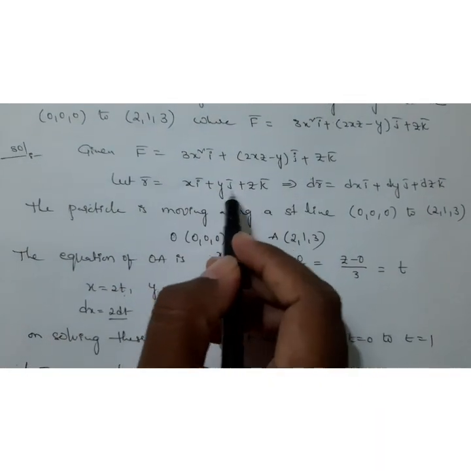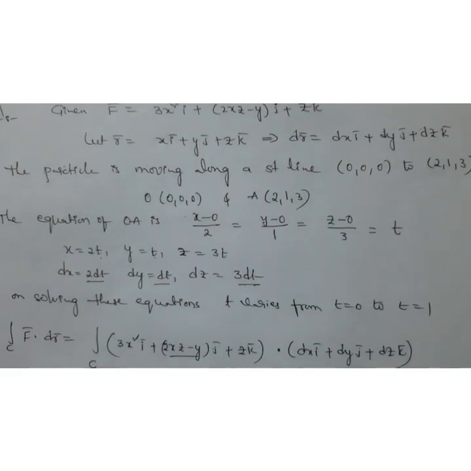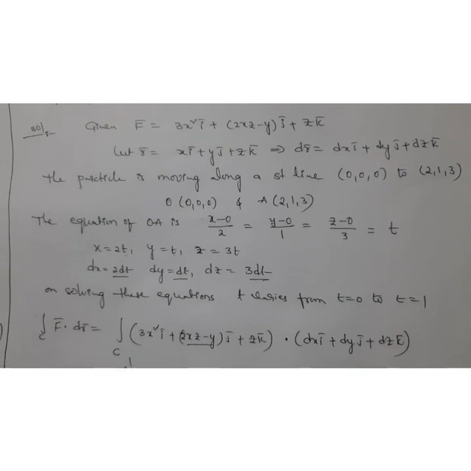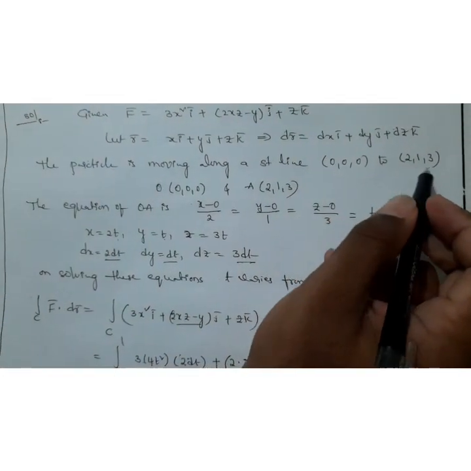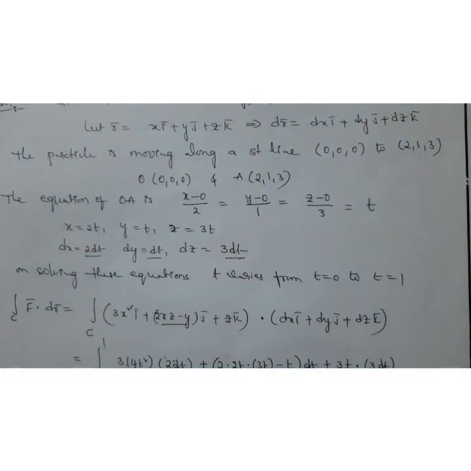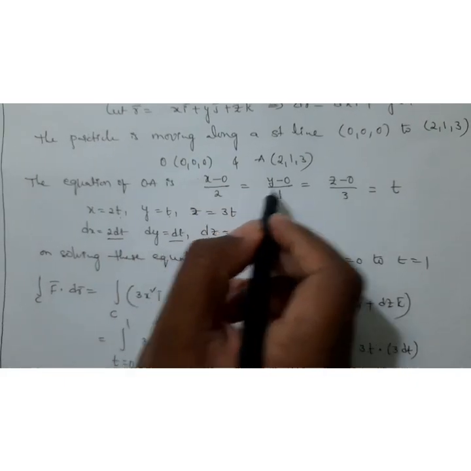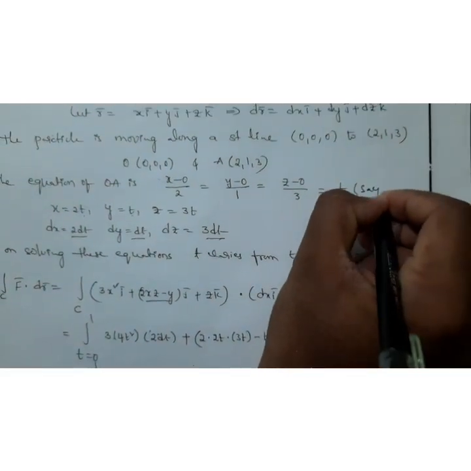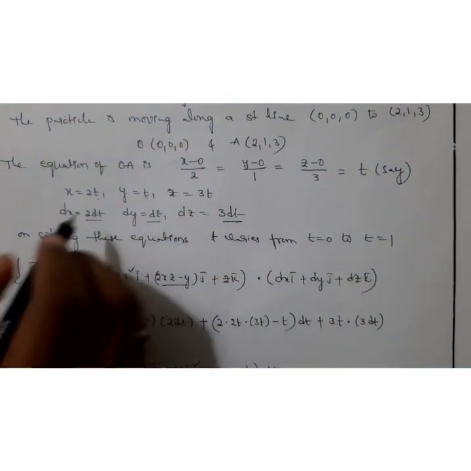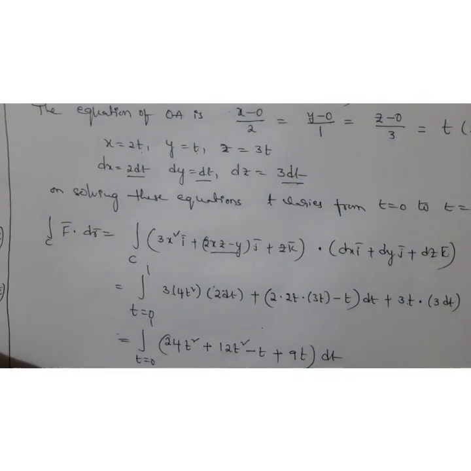Let r bar is equal to x i bar plus y j bar plus z k bar. dr bar is equal to dx i bar plus dy j bar plus dz k bar. The particle is moving along a straight line 0, 0, 0 to 2, 1, 3. Therefore, the equation of OA is (x minus 0) by 2 equal to (y minus 0) by 1 equal to (z minus 0) by 3 equal to t, some constant, therefore we get x equal to 2t, y equal to t, z is equal to 3t.